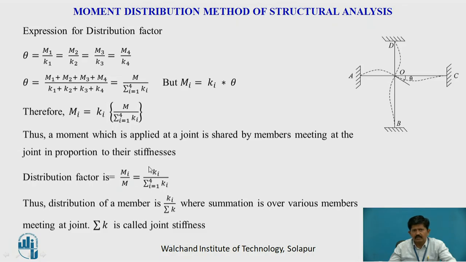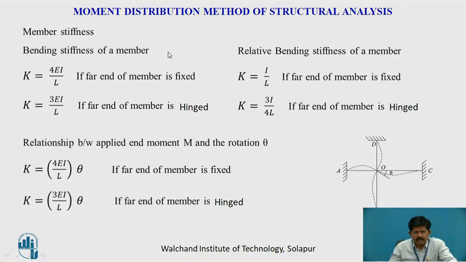So, the distribution factor is equal to the stiffness of the member divided by the summation of all the stiffnesses of the members at that joint. Thus, the distribution factor of a member is Ki upon summation of K, where the summation is over the various members meeting at the joint, and summation of K is called the joint stiffness. The member stiffness depends on their end conditions.